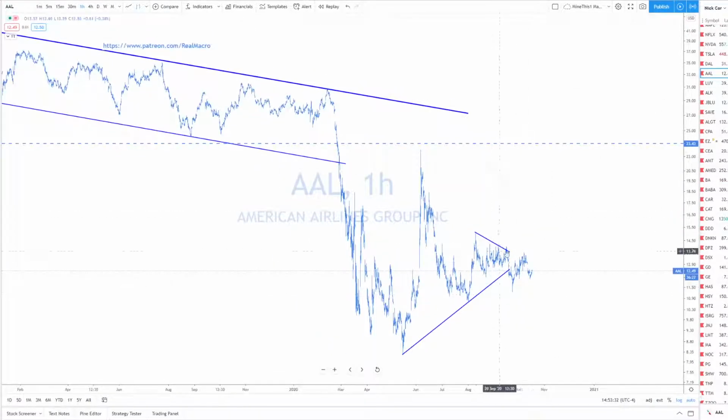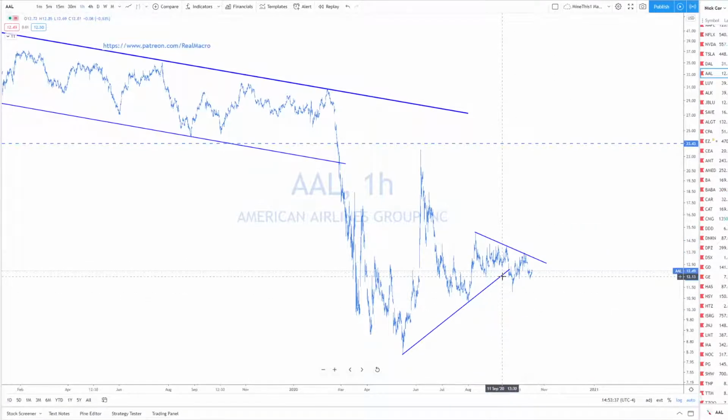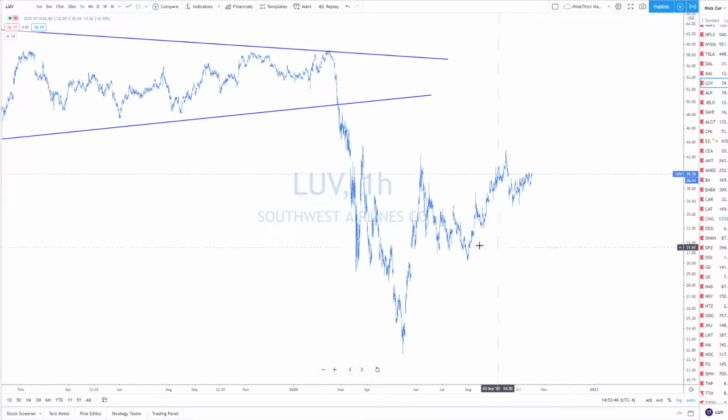American Airlines, very noisy. Okay, that's the setup. Southwest. Southwest is the best of the best. They got a lot of cash.